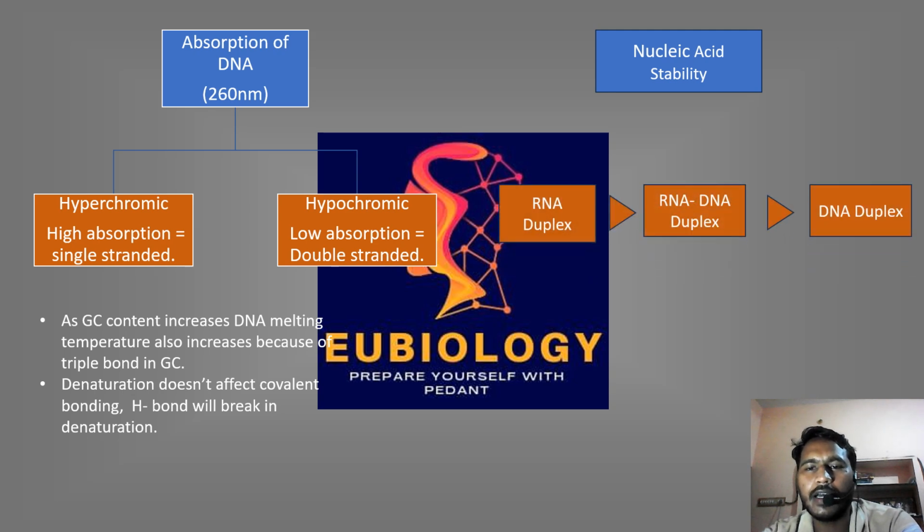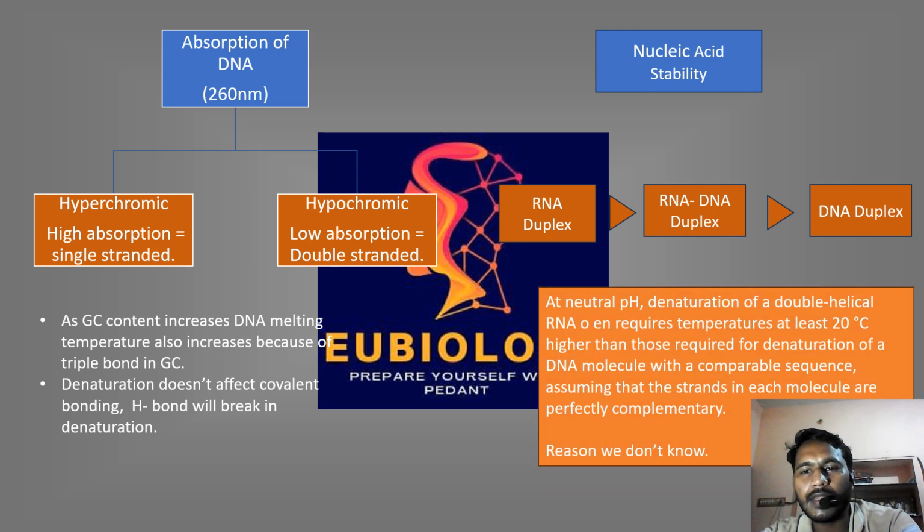See, the RNA duplex is more stable than the RNA-DNA duplex, and the RNA-DNA duplex is more stable than the DNA duplex. It means the least stable is the DNA duplex. Why are we saying this? Actually we don't know the answer. But the RNA-DNA duplex will have more stacking, and it will be more stable. This is my assumption, but the actual answer we don't know.